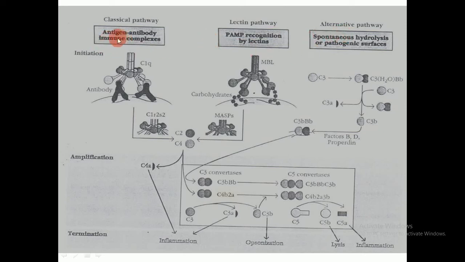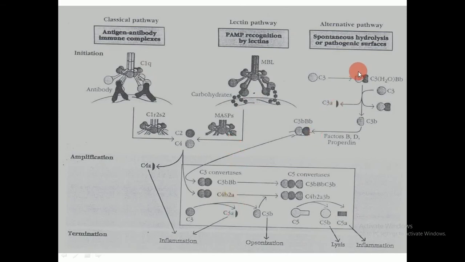The classical activation by the antigen-antibody immune complex leads to complement activation, and C1, C4, 2, 3, 5, 6, 7, 8, 9 lead to pore formation and cell lysis. And the lectin pathway, through the mannose binding lectin, acts instead of C1qrs and continues the same pathway.